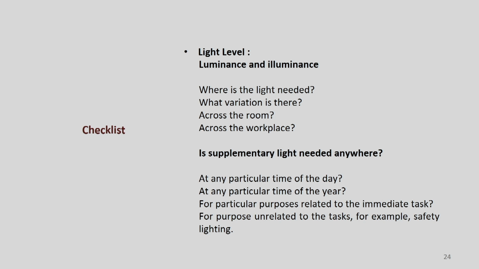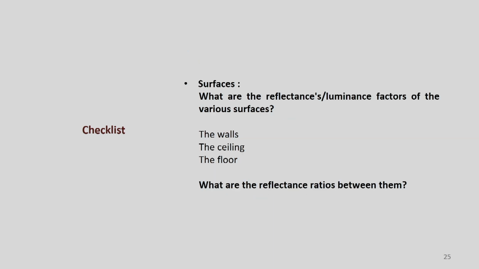Is it required to enlighten this work desk or somewhere else? What variation is available there? Is it required across the room or across the workplace? If supplementary light is needed anywhere, is it required at any particular time of the day, or at a particular time of year? So, varieties of checklist you can follow.